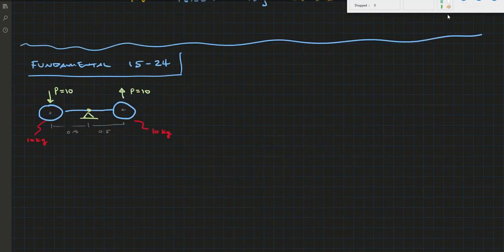So let's look at the fundamental problem 15.24. Now we have a couple moment on these two weights, so this thing is going to rotate counterclockwise, and we also have an applied moment about O, just to actually speed this thing up.